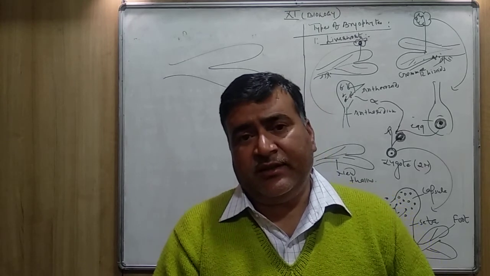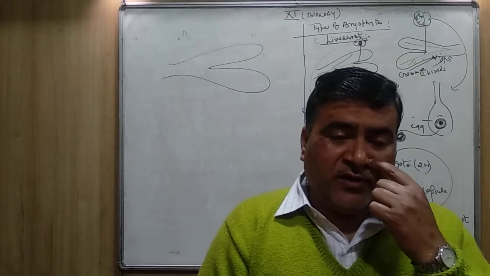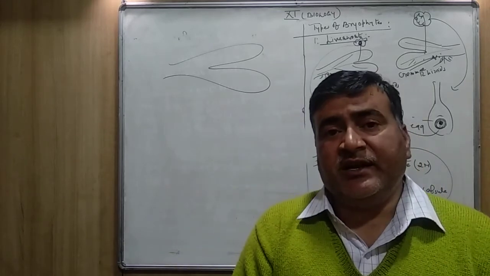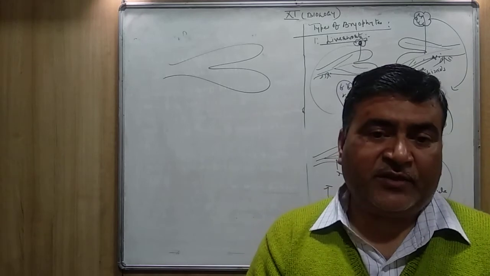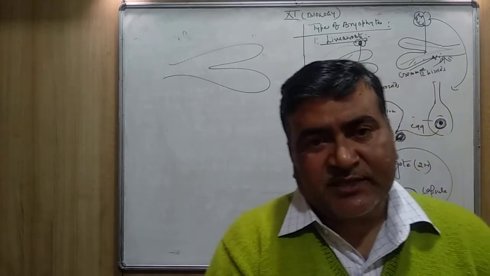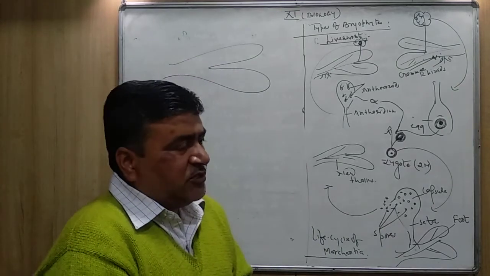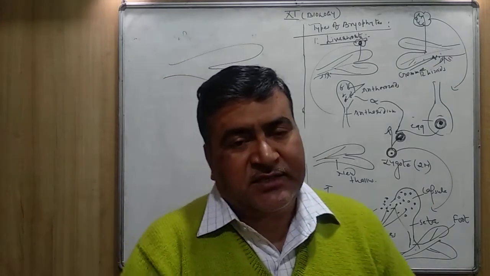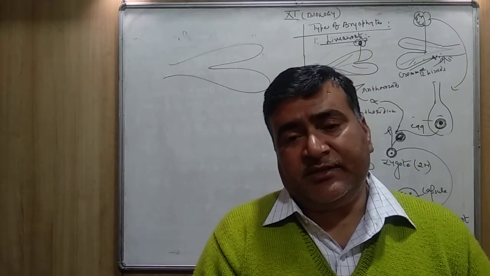But in class 11th, a very important species, Marchantia, is included in the liverworts. So especially we will discuss Marchantia, and almost in all the liverworts the same kind of life cycle takes place.